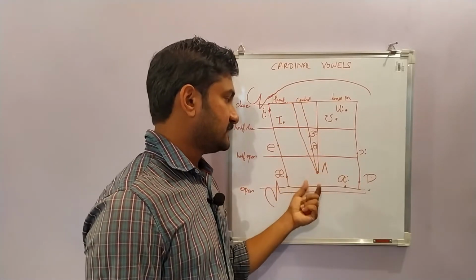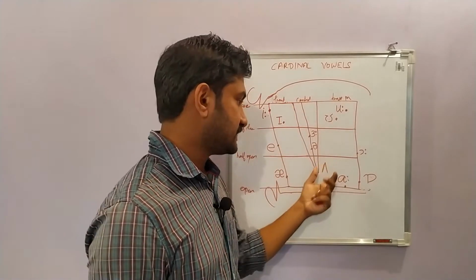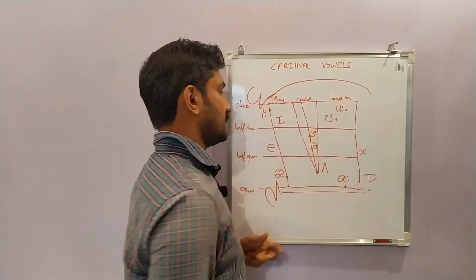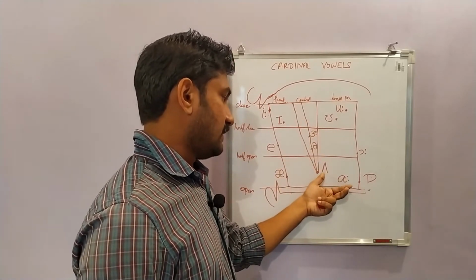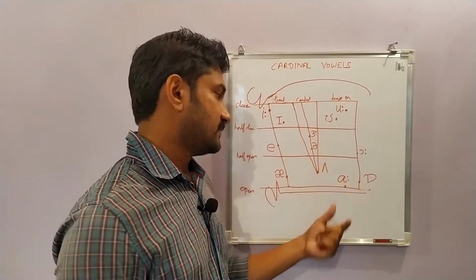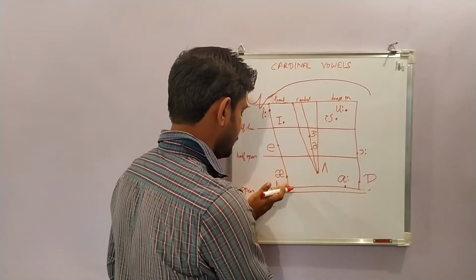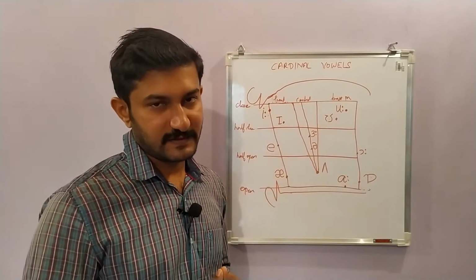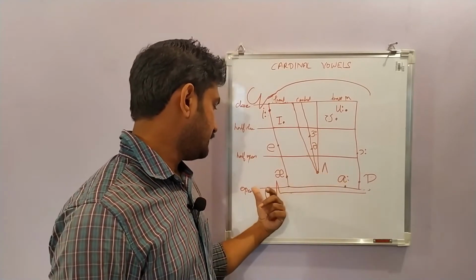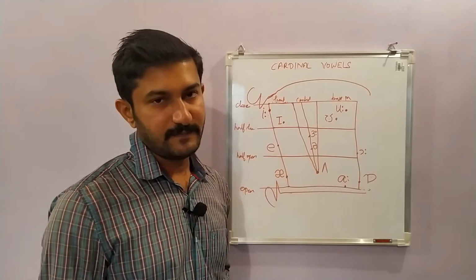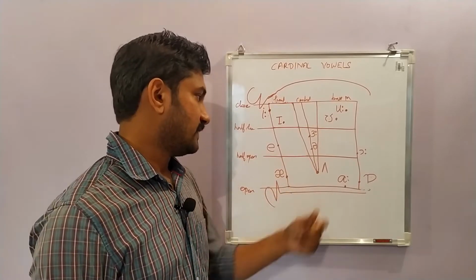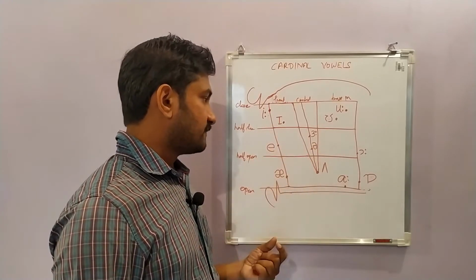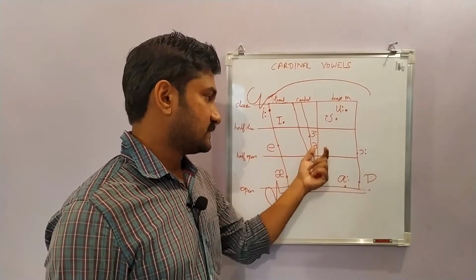Coming to the central vowels, we have three central vowels. This A sound is articulated with the central part of the tongue, and it assumes a position between open and half open, and the lips are remaining flat. So, it is an unrounded between open and half open central vowel. This one is between half open and half close positions, the central part of the tongue that is raised.